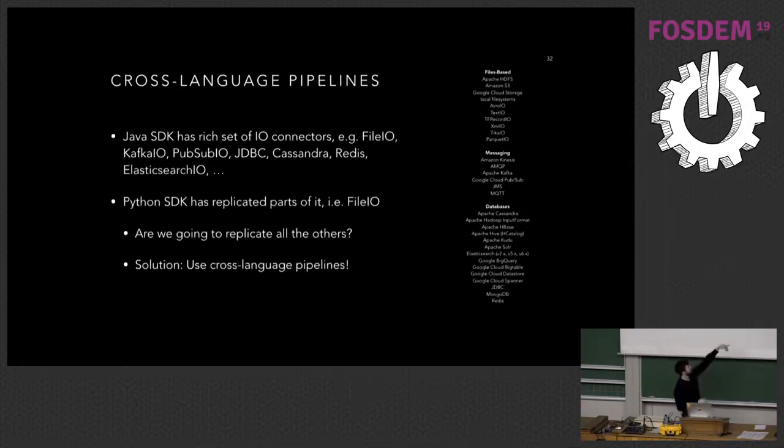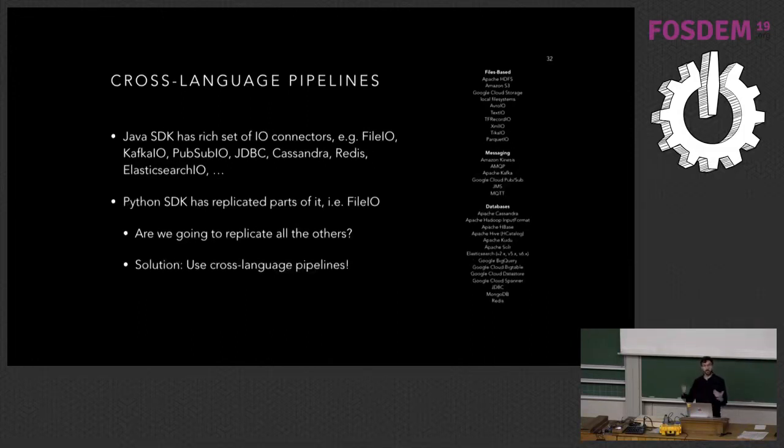And you can see there are a lot of them available. Now, it would be a lot of work to replicate them, and the language support is not so good, for example, when you want to create a Kafka connector in Python. In Java, it's really good. So ideally, we would just use the Java connector in Python and not recreate it in Python. And it turns out we can actually do that, and that's a pretty amazing solution.